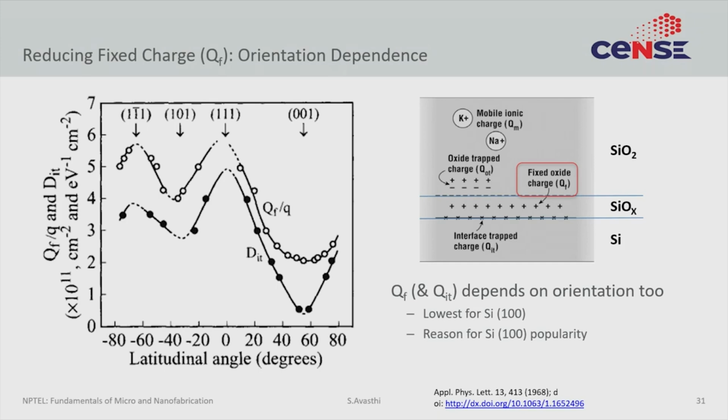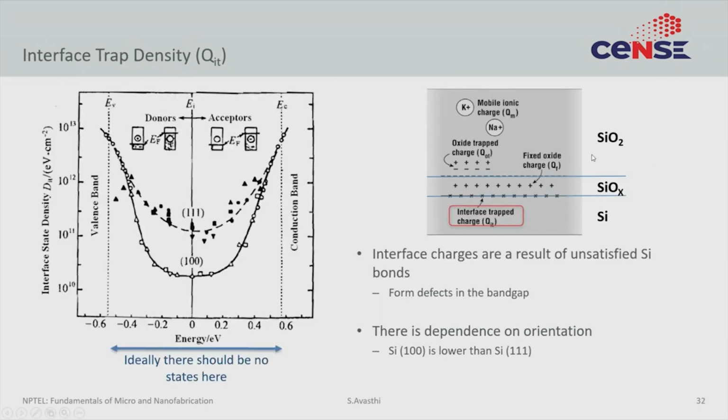For BJTs it does not matter because the silicon dioxide interface is not that important, but in the CMOS technology space where field effect transistors are used, the silicon dioxide interface is extremely critical, and it was very important to reduce the defect density. The way they were able to do that was to switch from 111 orientation to the 100 orientation. So that's enough for fixed oxide charge.